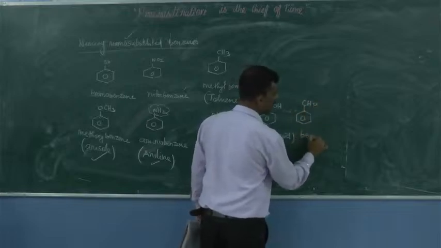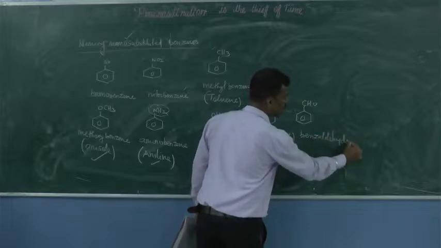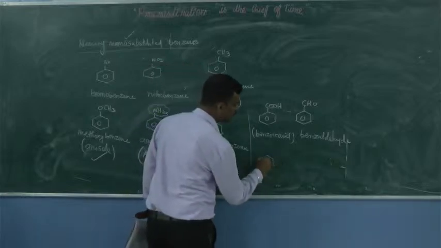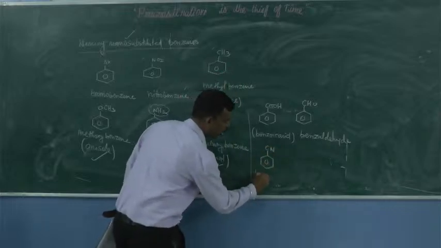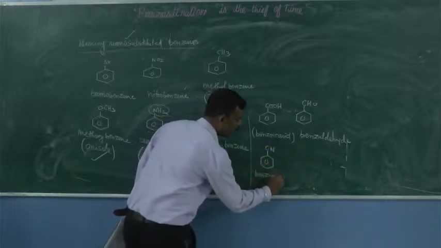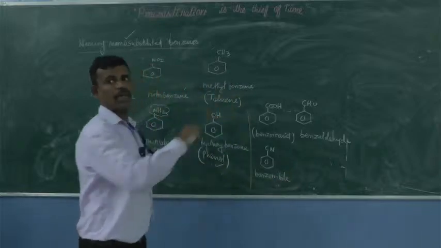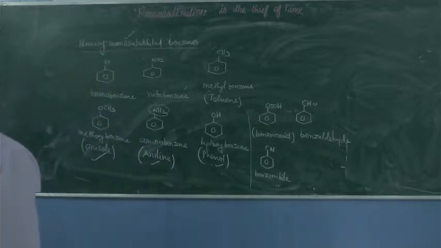Your common name is benzaldehyde. Is it clear? Next. This is called benzonitrile. Like this, there are many common names that are accepted by IUPAC. This you have to remember.